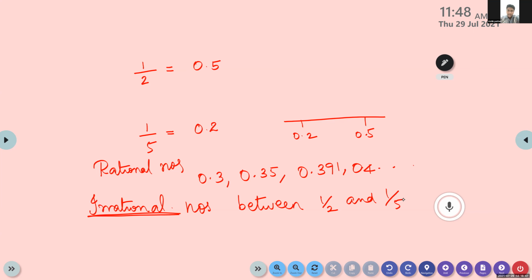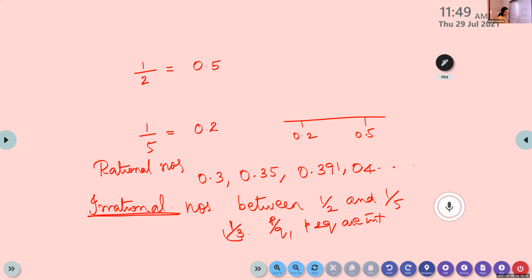Rational. How? What is the definition of a rational number? Any number which can be written in the form P/Q, where P and Q are integers and Q not equal to 0. That is the definition, isn't it?